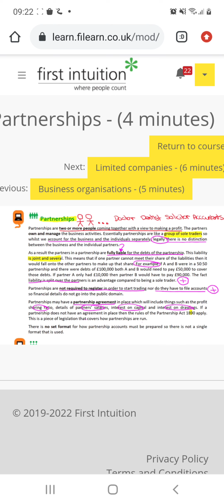If a partnership doesn't have an individual documented agreement in place, then the rules of the Partnership Act 1890 apply, and this is a piece of legislation that covers how partnerships are run. There is no set format for how partnership accounts must be prepared, so there is not a single format used.